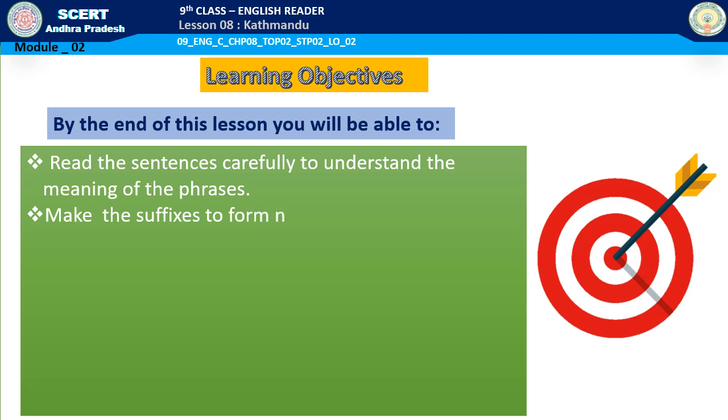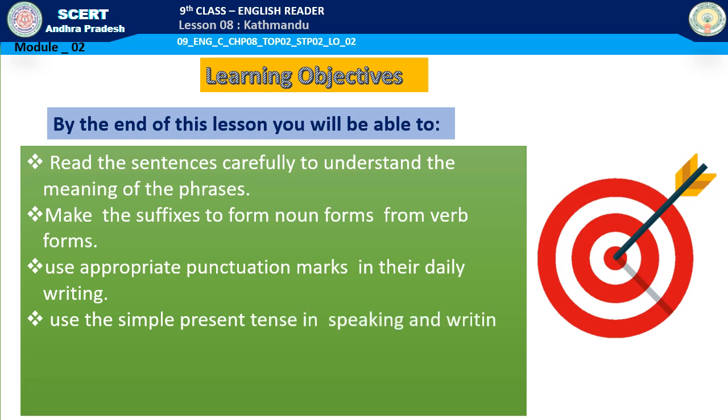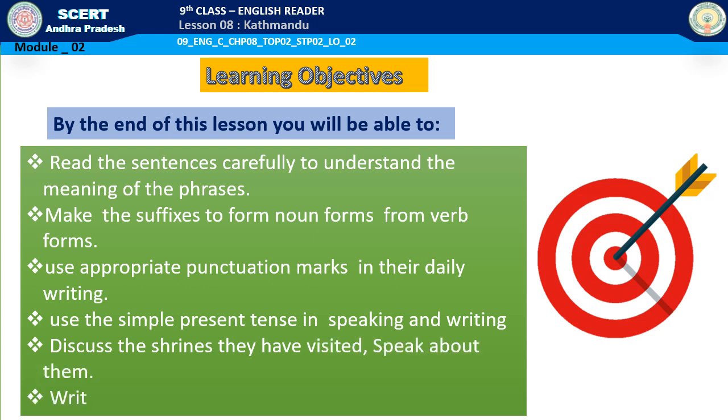Make the suffixes to form noun forms from the verb forms. Use appropriate punctuation marks in their daily writing. Use the simple present tense in speaking and writing. Discuss the shrines they have visited and speak about them. Write their own travelogues.